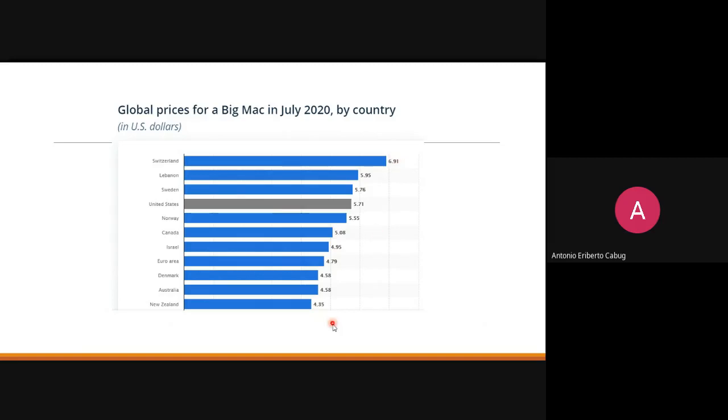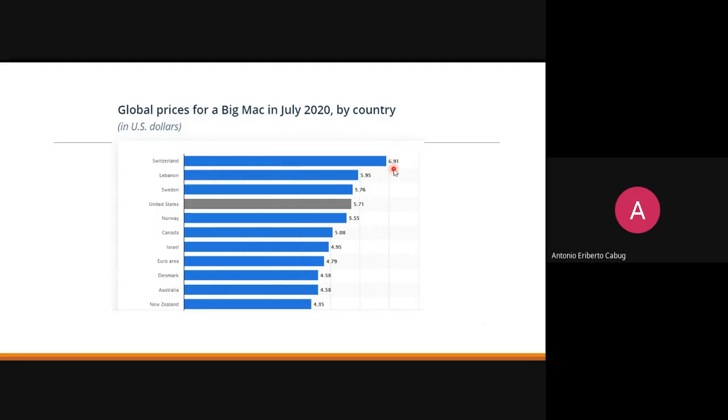Nakuha nyo ba yon? So, if the prices are different when you convert from one currency to another, if absolute PPP is not true, there will be people who will be engaged in arbitrage. Bibili sila sa New Zealand, ibebenta nila sa Switzerland. Nakuha niyo yung logic?